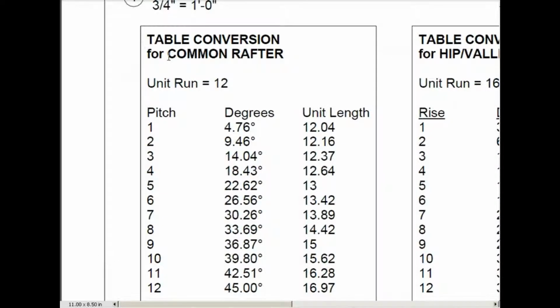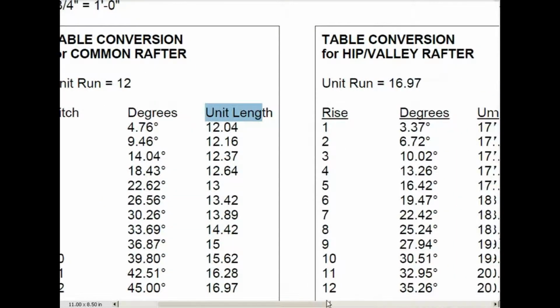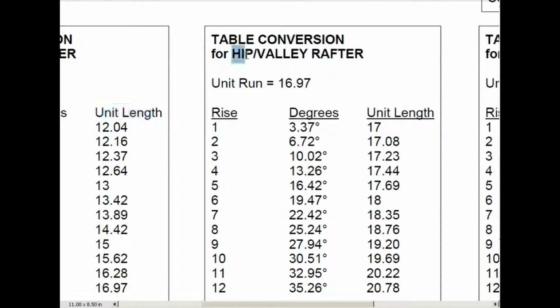For your common rafter, where the unit run is 12, your 6/12 pitch gives you a unit length of 13.42. And for your hip or valley unit run of 16.97, your rise will give you a unit length of 18.